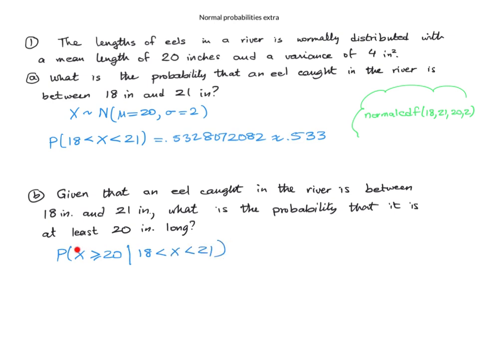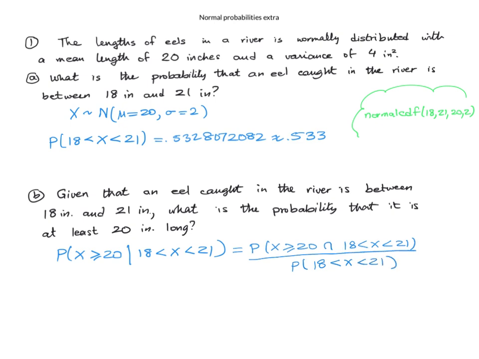Now, because this is a conditional probability question, I need to do the probability of the intersection of these two divided by the probability of the new sample space. So that's going to be the probability that x is greater than or equal to 20 intersect with 18 less than x less than 21 over the probability of the new sample space, or the probability of the given, which is 18 less than x less than 21.